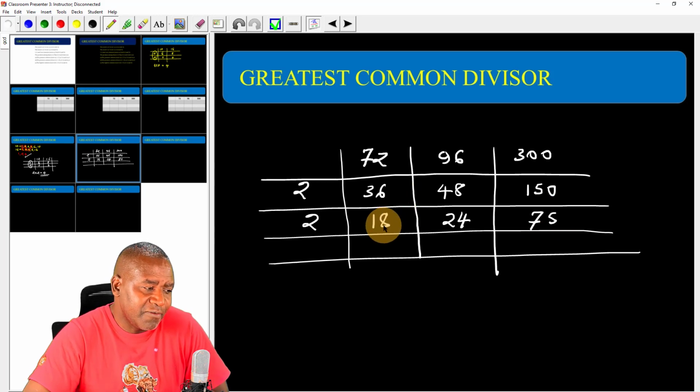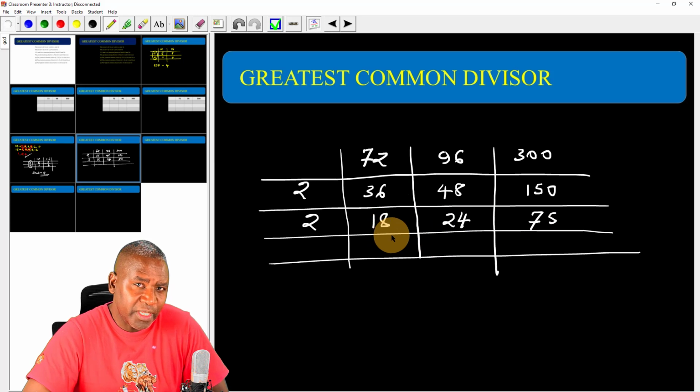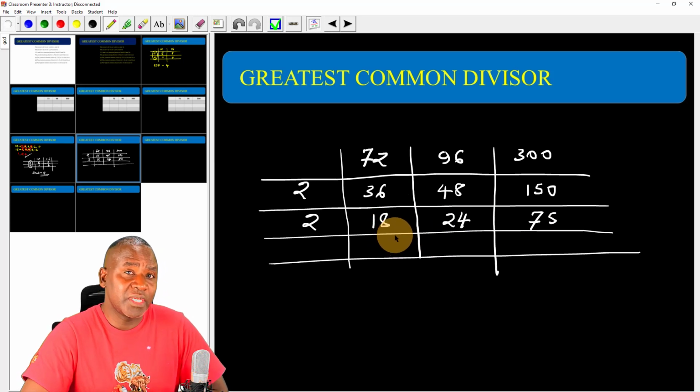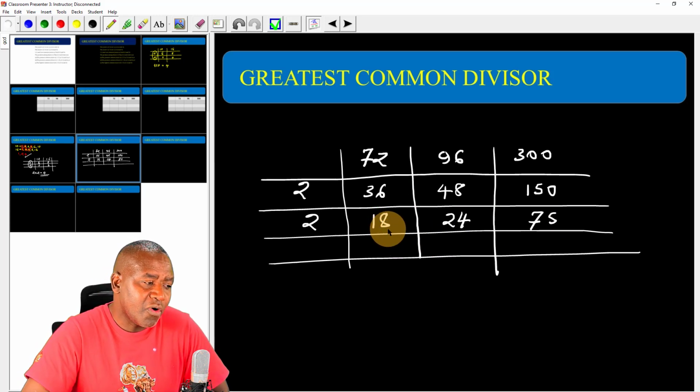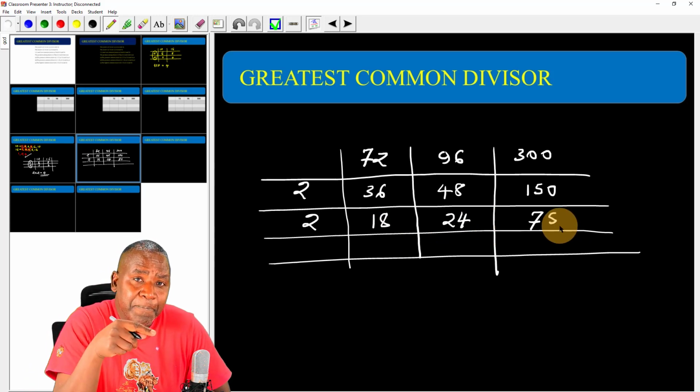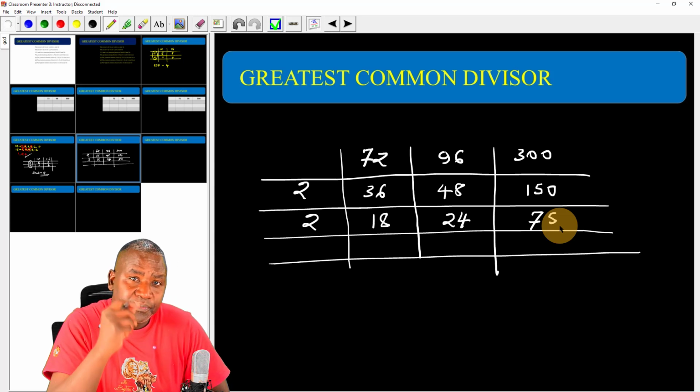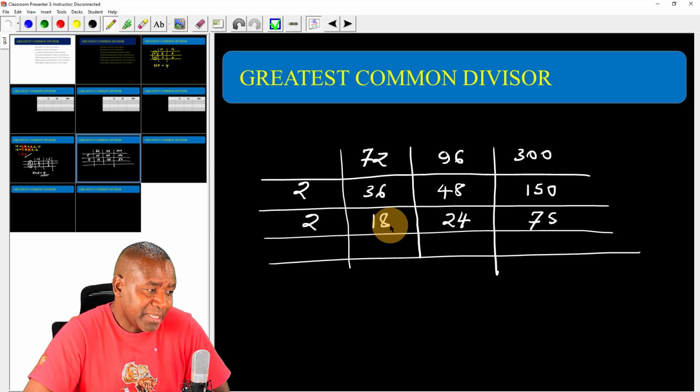Can 3 divide these numbers? What is the divisibility test for 3? The divisibility test for 3 is this. The sum of the digits in the number should form a number, then we test whether that number is divisible by 3. For example, 1 plus 8 is 9. Is 9 divisible by 3?